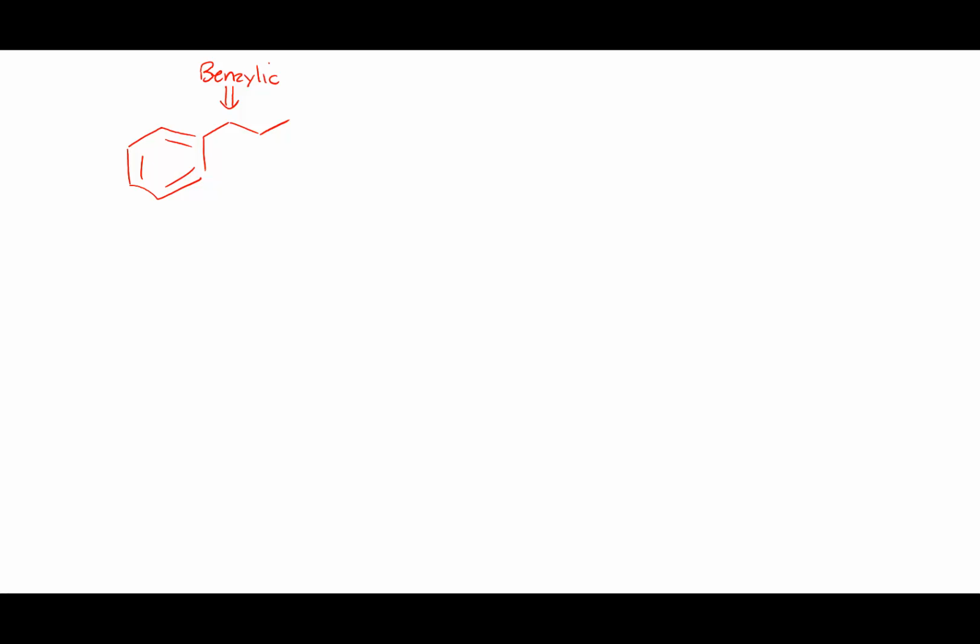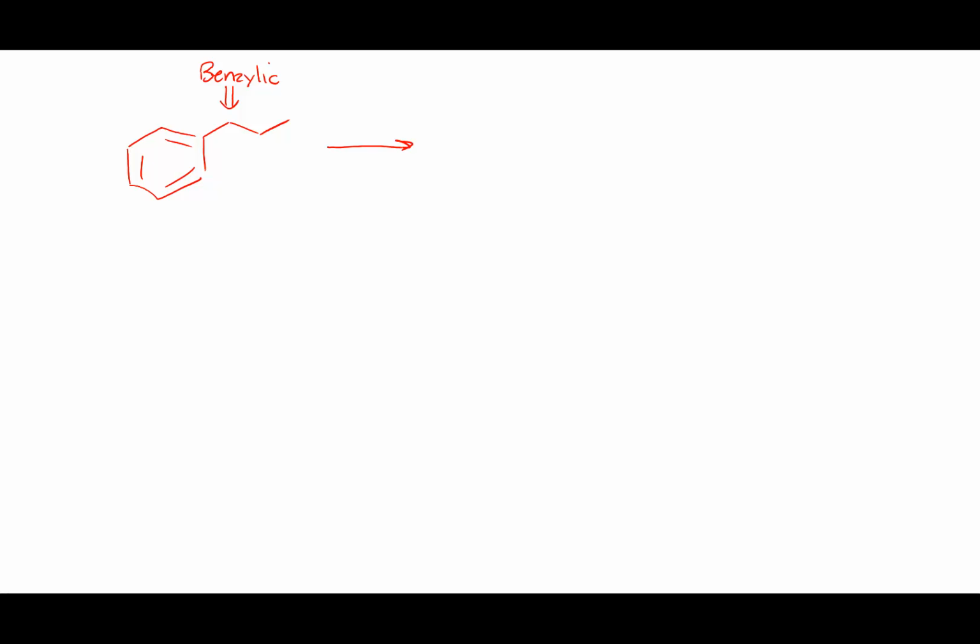The benzylic position is the special position for a benzene ring. That's where the carbocations are going to form, and that's where the radicals are going to form. So it's very similar to an allylic position in terms of its selectivity.